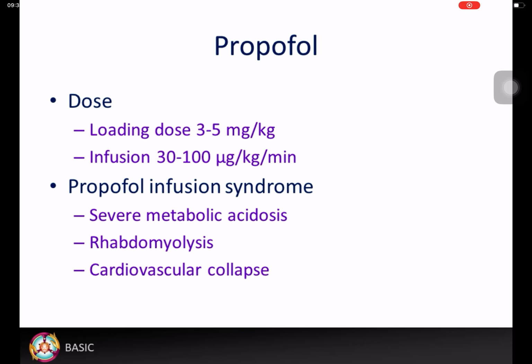The recommended dose of propofol is given on the slide. It's important to be aware of the possibility of propofol infusion syndrome if high doses are given for a prolonged period of time. This syndrome is characterized by severe metabolic acidosis, rhabdomyolysis, and cardiovascular collapse.